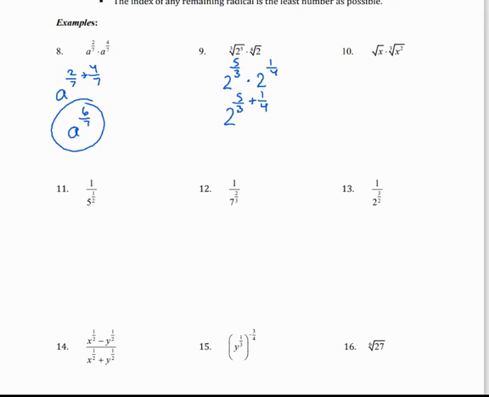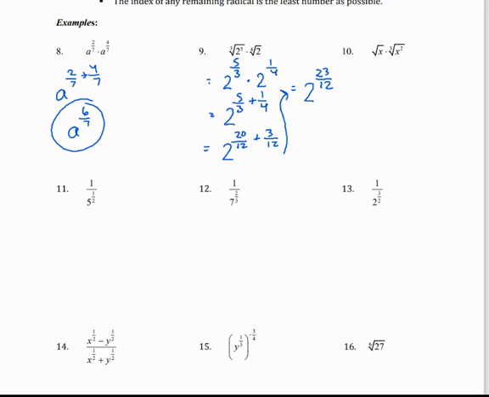Little extra work here because we need a common denominator. So I'm going to make that denominator become 12. So we have 2 to the 20/12 plus 3/12. When I put those together, we get 2 to the 23/12.